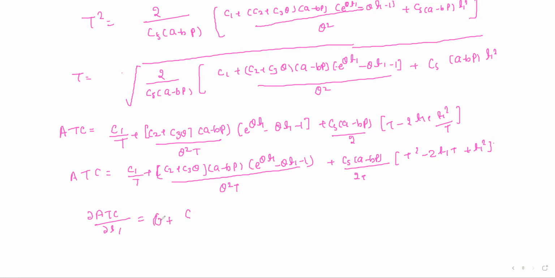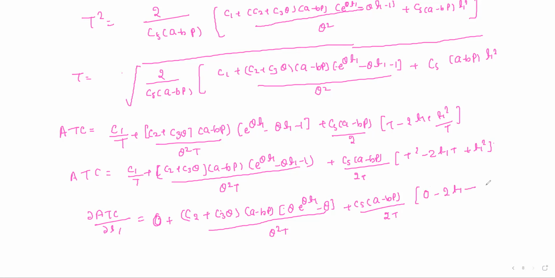It becomes C2 plus C3 theta (A minus BP), and this is theta e to the power theta T1 minus theta upon theta square T, plus Cs (A minus BP) upon 2T, and this is 0 minus 2T1 plus 2T. This will be 2T, capital T, and this will be 2T1, and this is equal to 0.